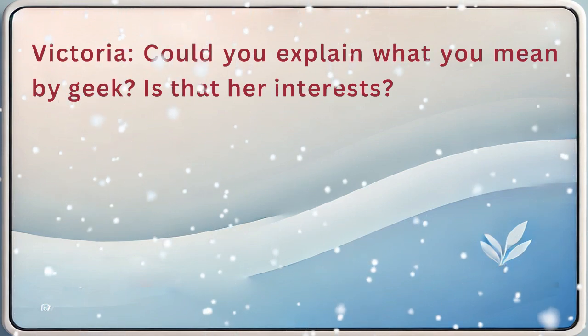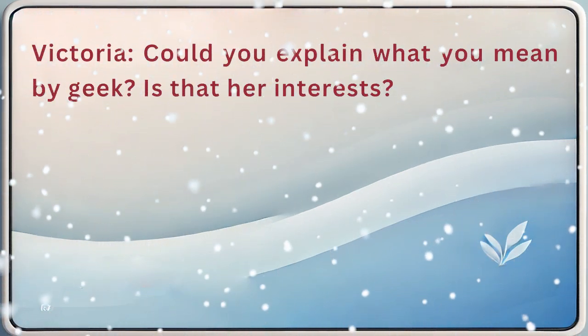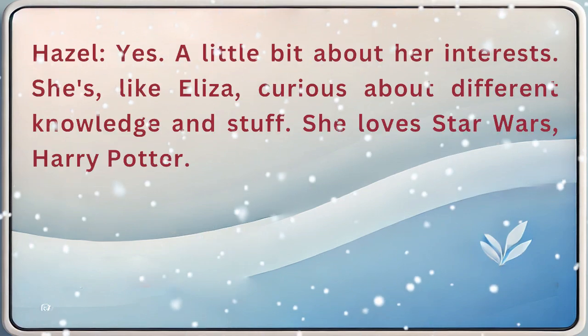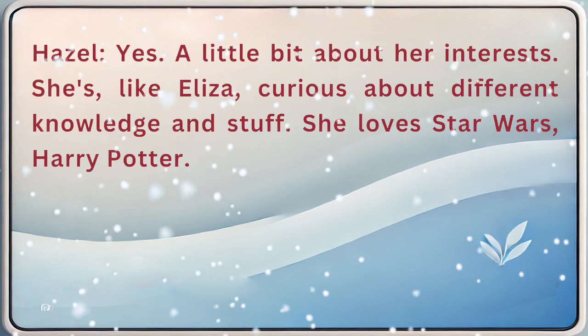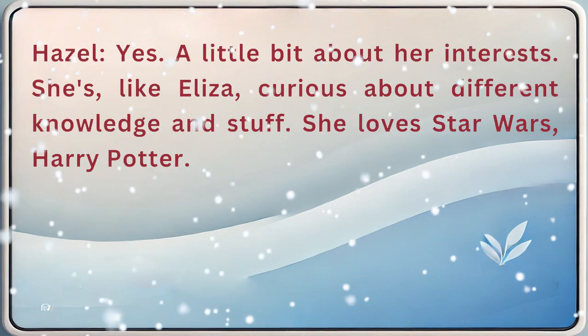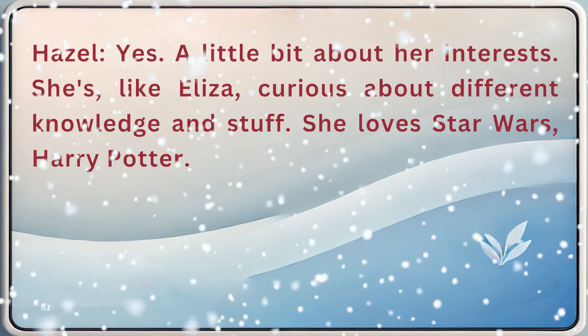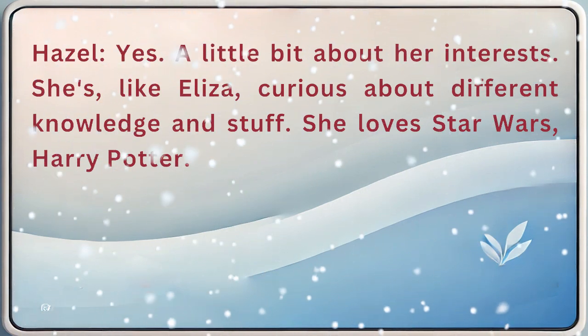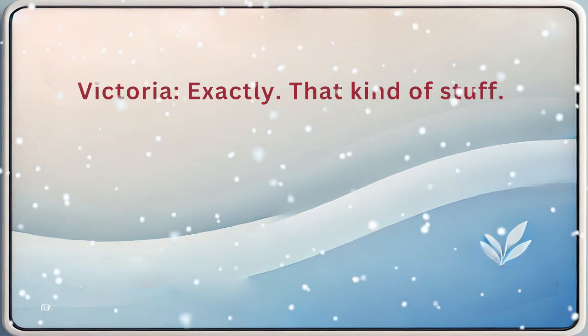Victoria: Could you explain what you mean by geek? Is that her interests? Hazel: Yes. A little bit about her interests. She's, like Eliza, curious about different knowledge and stuff. She loves Star Wars, Harry Potter. Victoria: Exactly.